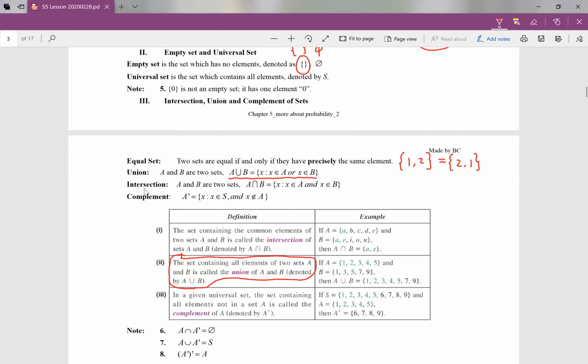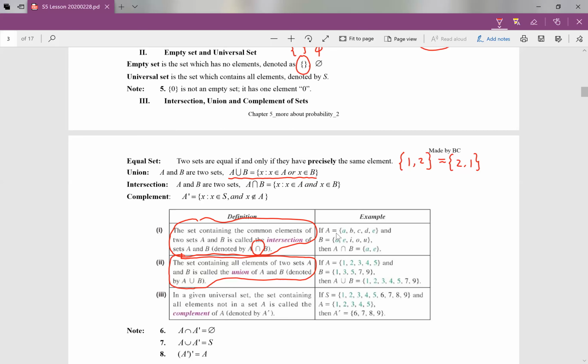Next concept, intersection. What is the intersection between two sets? Let's look at the easier definition here. Let's read it. The set containing the common elements of two sets A and B is called the intersection, denoted as A ∩ B. This symbol means intersect.